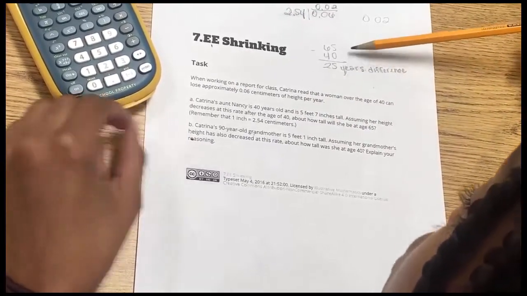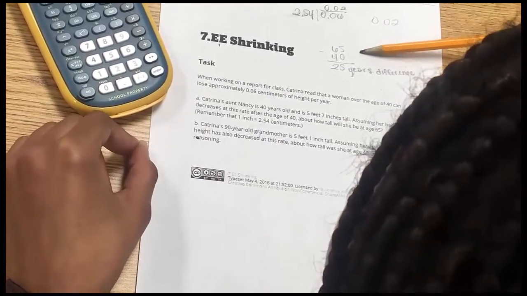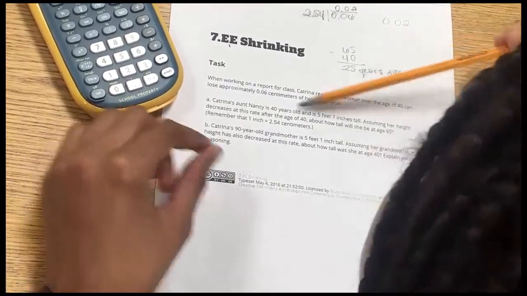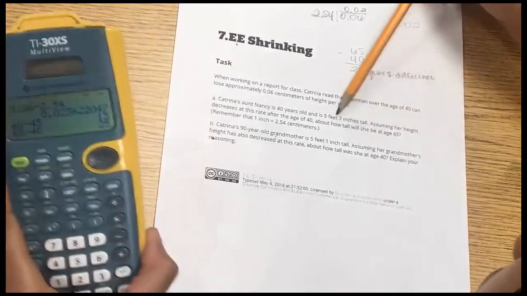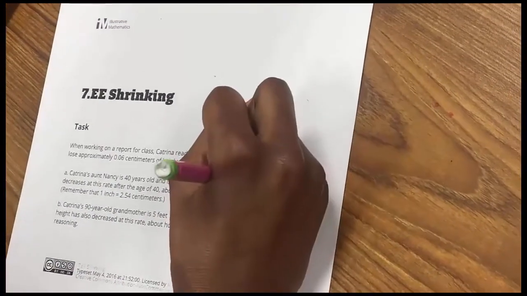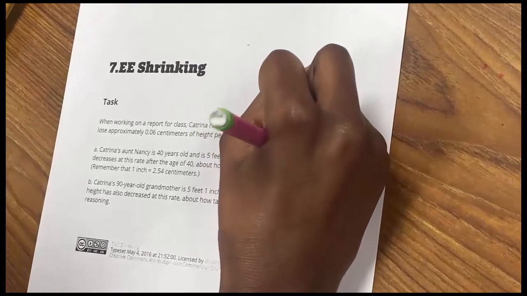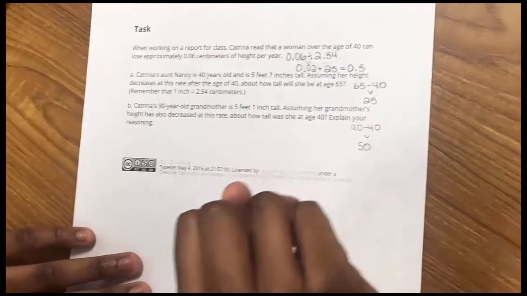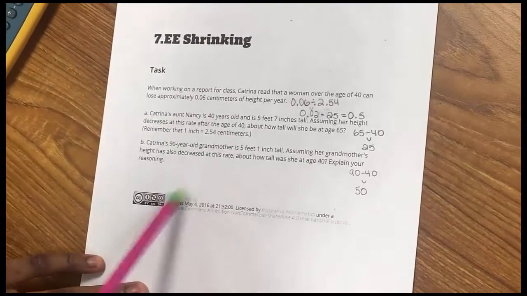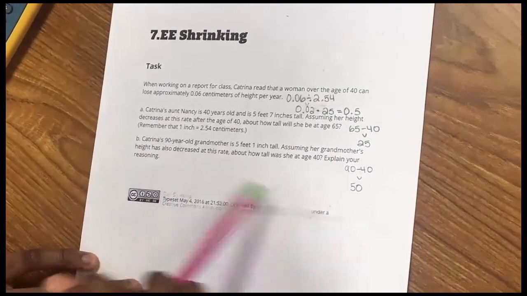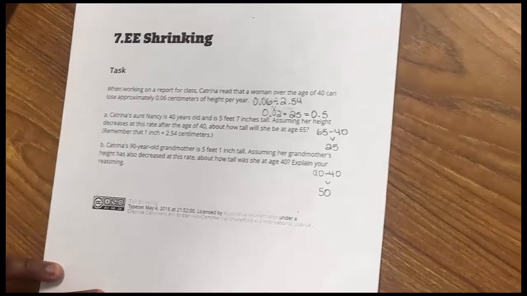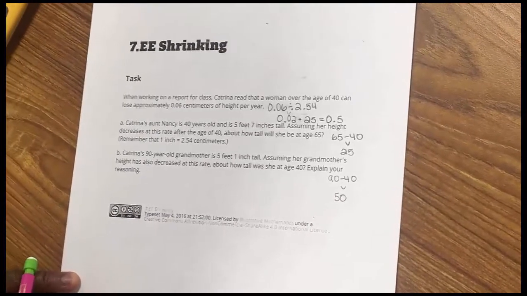Okay, you have to convert the inches to centimeters first. Times 25 equals 0.5. Where did you get 25? Oh, I see. Have you figured out how tall she'll be at age 65? Was that your last step?